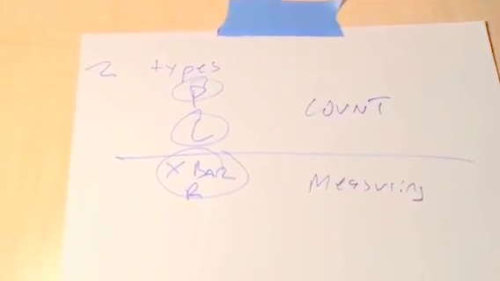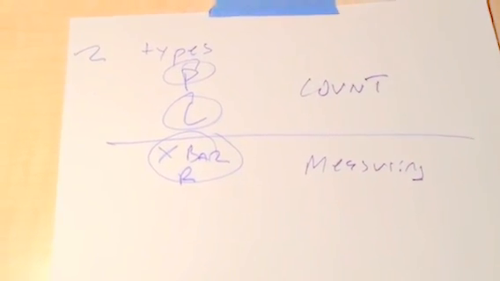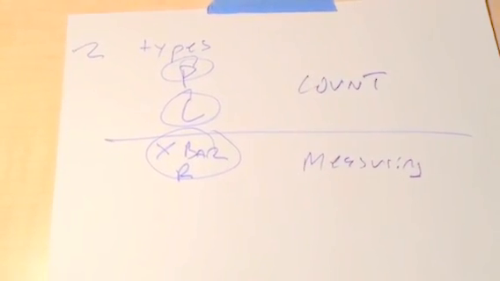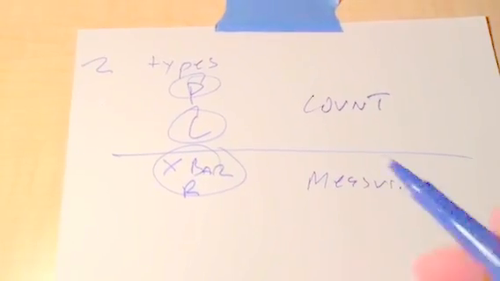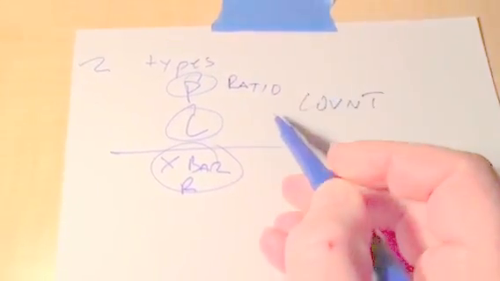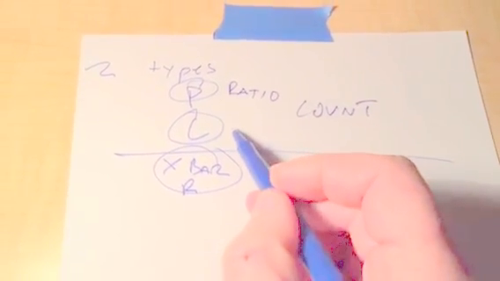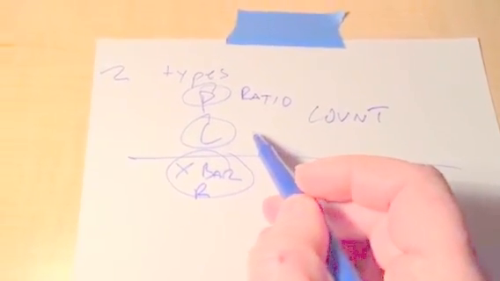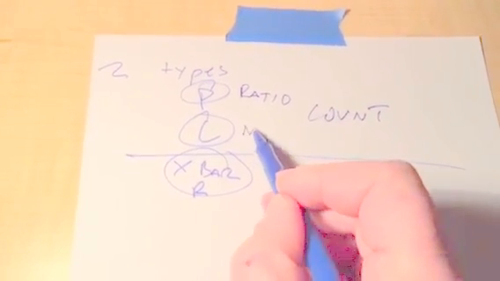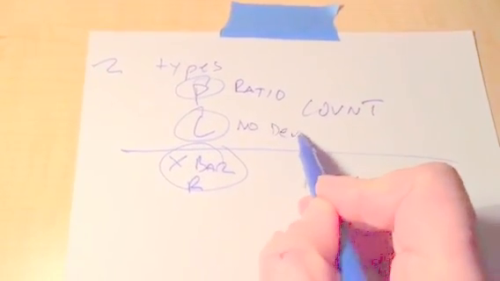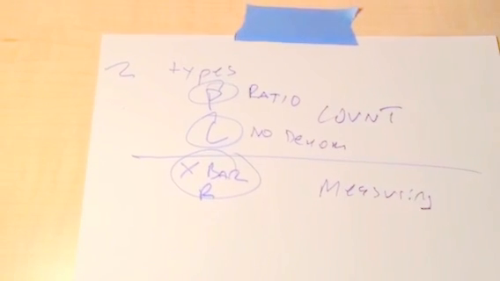So what's the difference? A different way to say this that I really haven't talked about before is if we can compute a ratio, we're going to make a P chart. If we can't compute a ratio, because in a sense there's no denominator, we're going to make a C chart.